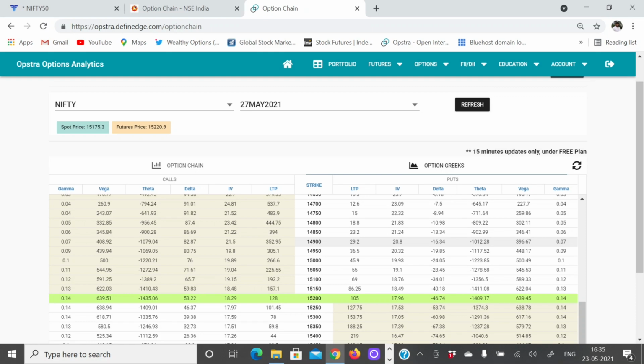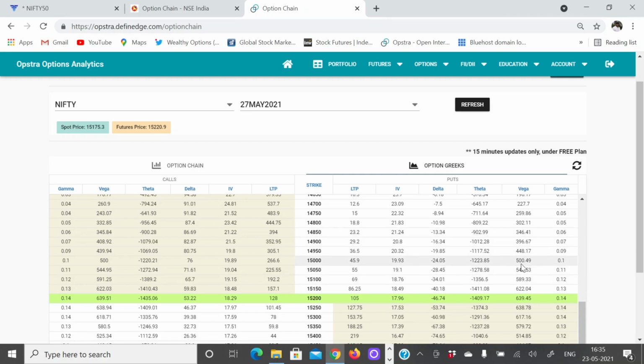But in short, there are option Greeks like delta, theta, gamma, and vega, which are useful to understand how much an option can go through time decay every day, and how much your option can go up for a 100-point rise in the underlying. For example, if Nifty goes up by 100 points, how much can your call option go up? That sort of information you can find from the delta.